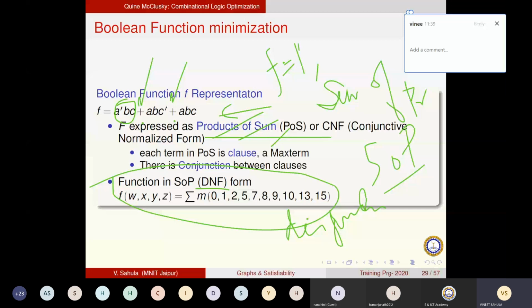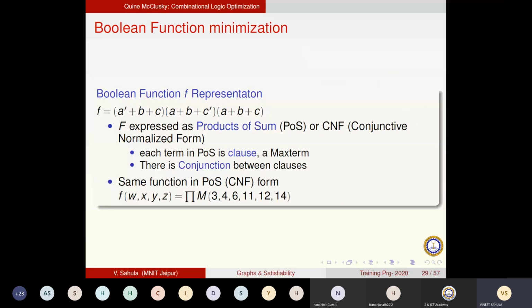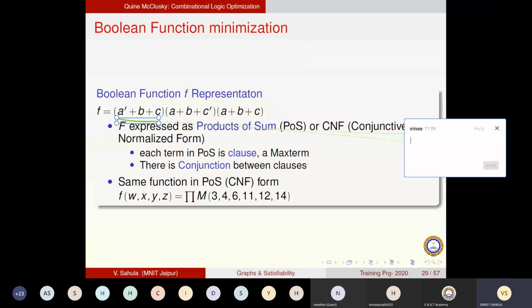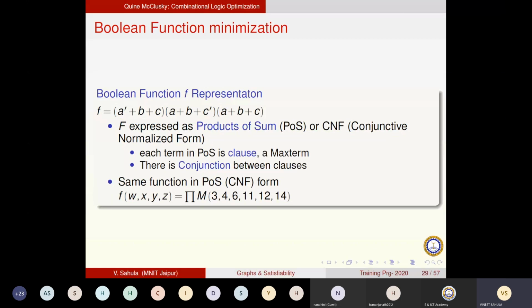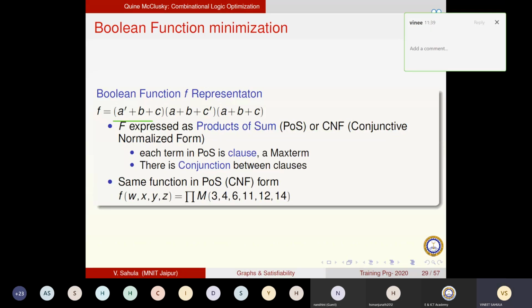If you have another representation where each term is different and between the terms there is a product, then it is called product of sums. All of you know it. So each term here is one term, another term, another term. Between the terms there is an ANDing, conjunction.